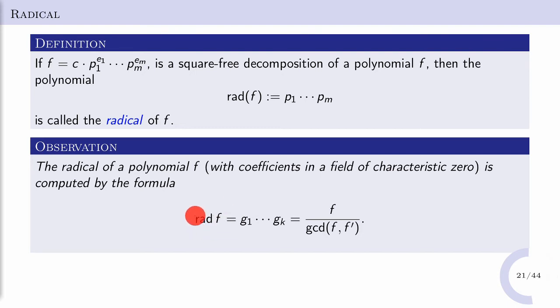So radical of f is nothing else but the first element of this sequence. It was computed as a0 over the greatest common divisor of a0 and a0 prime. So the radical of f can be computed as f over the greatest common divisor of f and f prime. In other words, the radical of f is a polynomial that has exactly the same roots as f, but all the roots of the radical are simple.